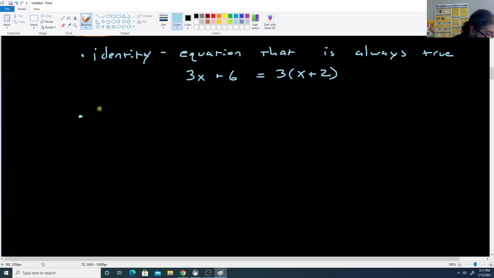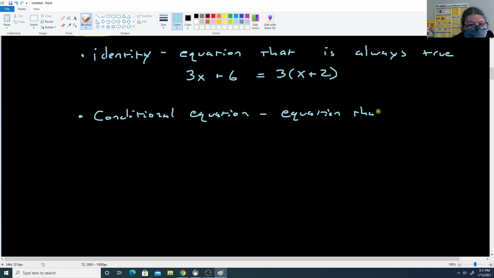We have a conditional equation. This is an equation that is true for some x's and false for others.